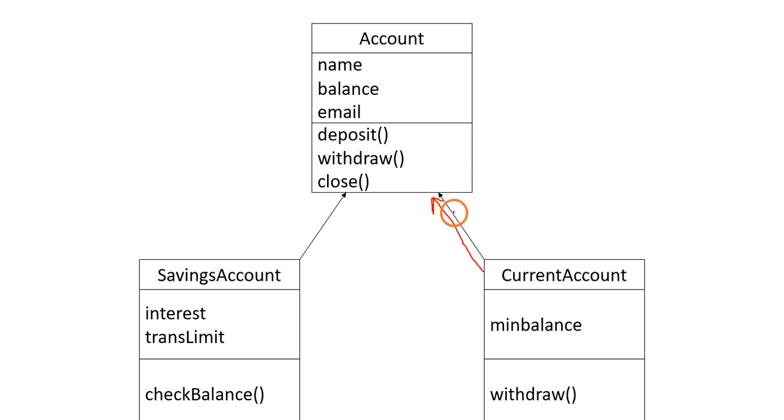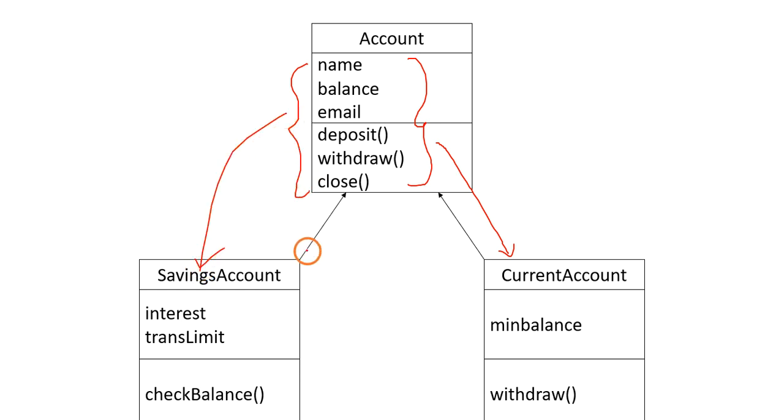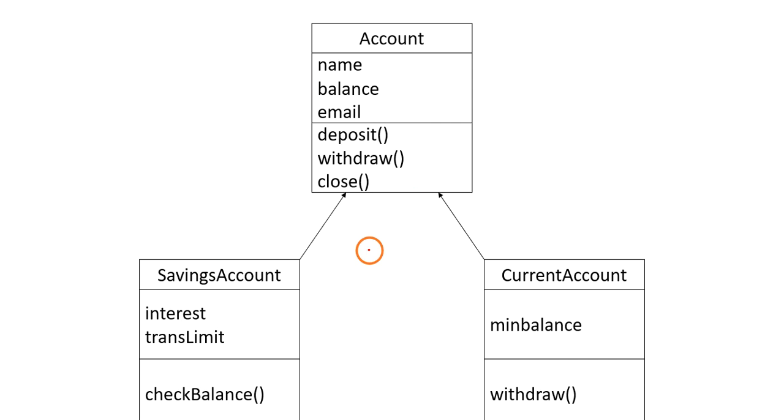No, it is the reverse. You have to be careful here. The properties and behavior come from account to current account and also from account to savings account. I think it is clear now what inheritance is.